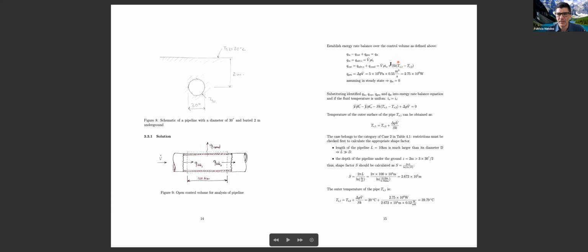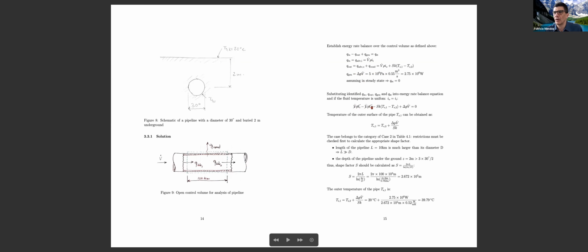What we have here is this week, in which we use the shape factor to calculate conduction in a weird geometry, conduction from the pipe surface, from this hole, to the surface here. Heat generation is actually fluid mechanics. We put it all together and we have volumetric flow times density times enthalpy coming in and enthalpy coming out.